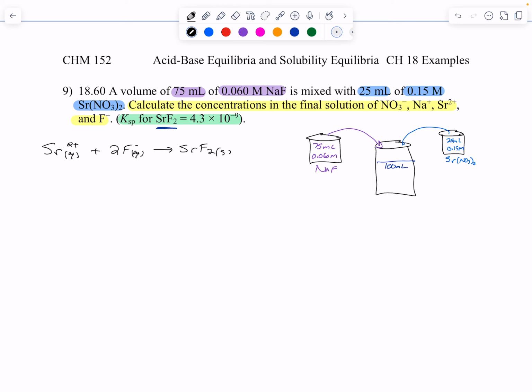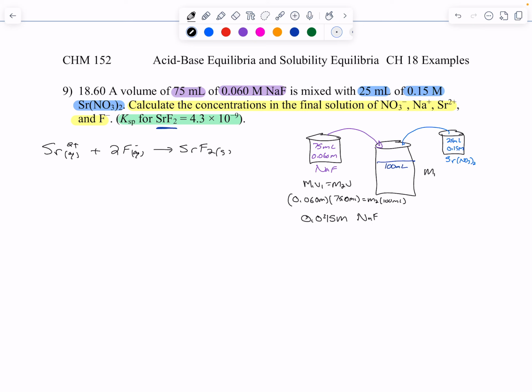All right, so let's just do the concentrations. So we have M1V1 equals M2V2. We have 0.060 molar, 75 milliliters equals M2 times 100 milliliters. So what do we get? 0.06 times 75 divided by 100. We get 0.045 molar NaF.